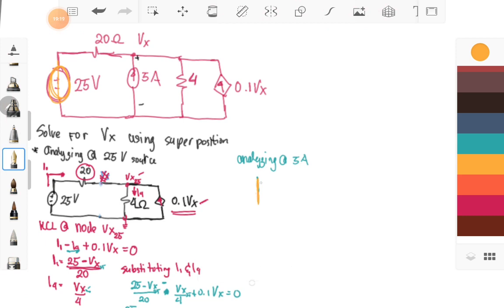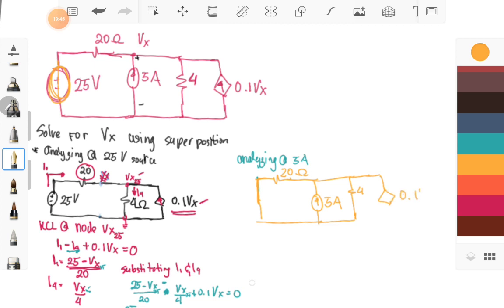Okay, so we'll have this 20 ohm, and then your 5 ampere, and then we have our 4 ohms, and then another 0.1 Vx.